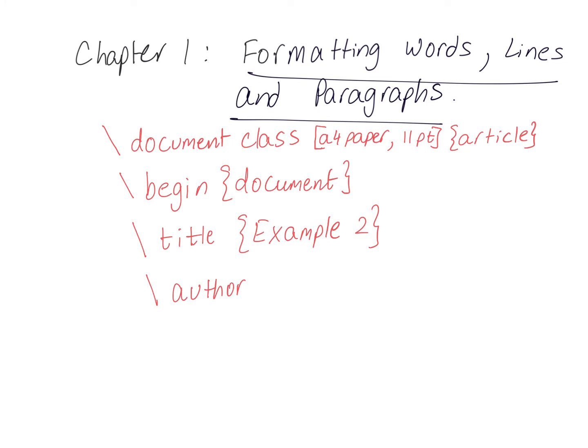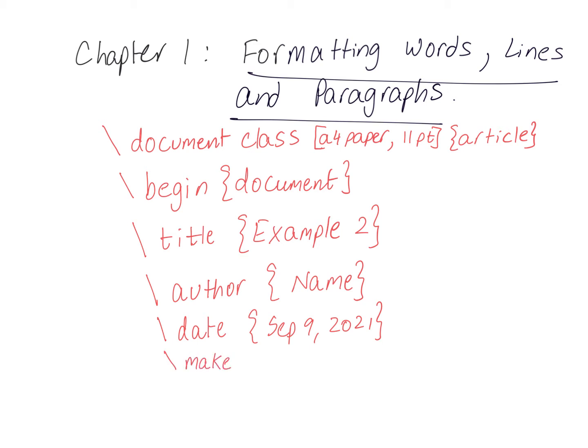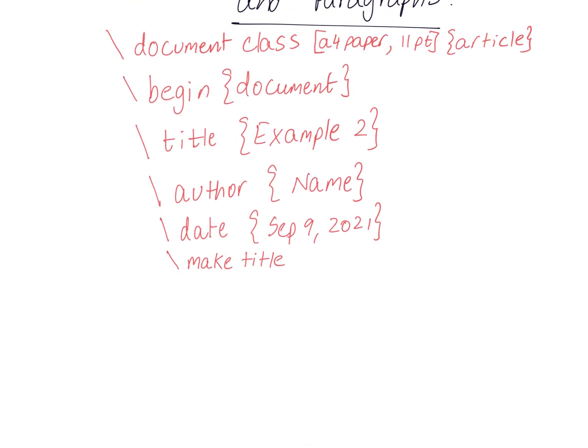And this will be your name. And then let's enter the date for it. All of these are backslashes, and whatever the date is, September 9th, 2021. And then let's make the title. This command of making the title is where it starts making the title. And then let's put a section for it.